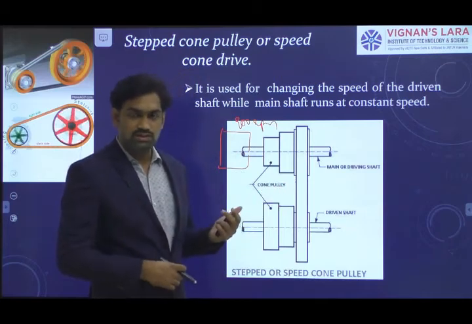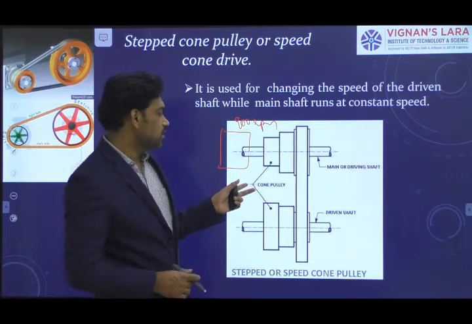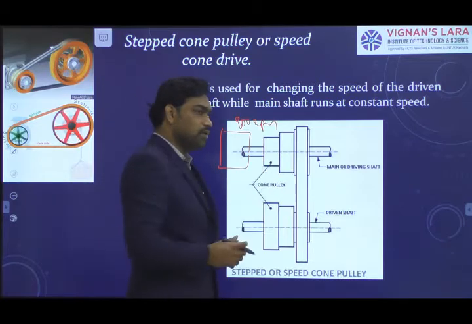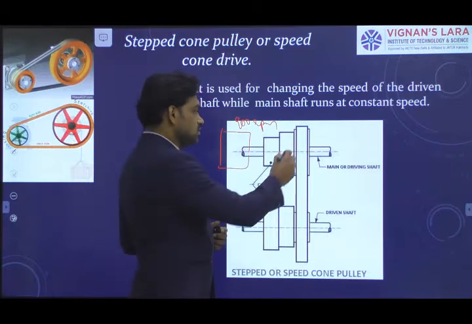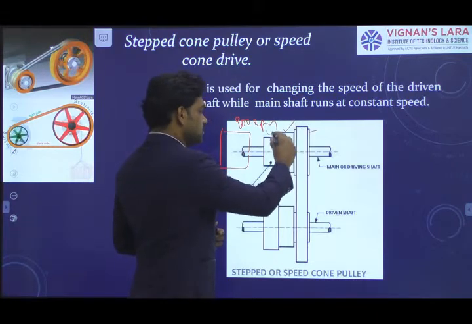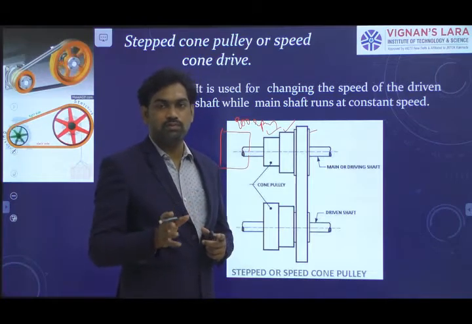In such cases, we go with the stepped cone. If we observe clearly, the pulley can be provided with different diameters of different stepped faces. This is step 1, this one is step 2 and this one is step 3, having different radii for each step of the pulley.